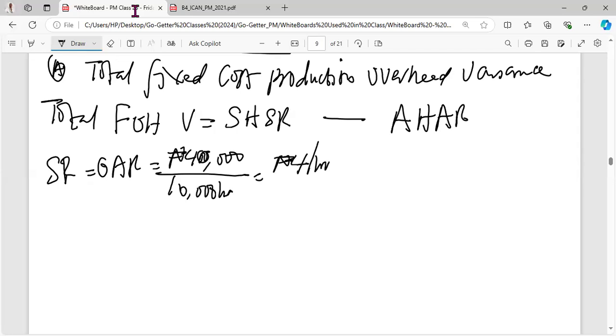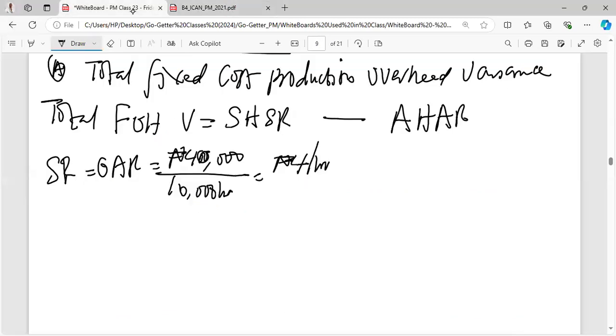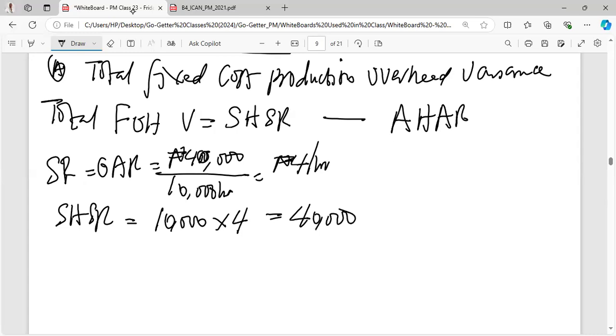So the standard hours is 10,000 hours, which means your standard hours times standard rate is 10,000 times 4, which is the same thing as 40,000. That's one.